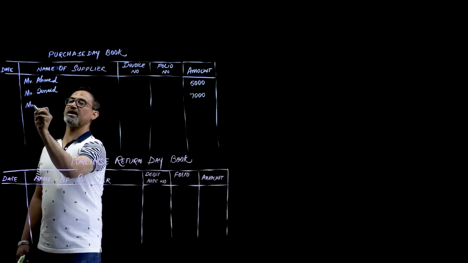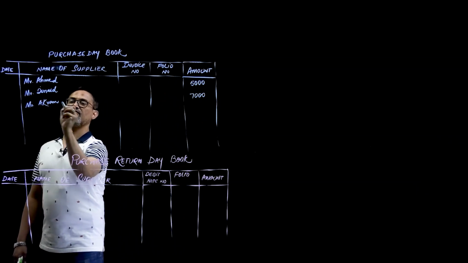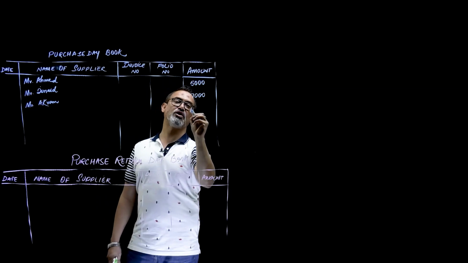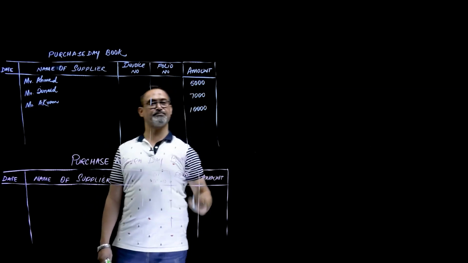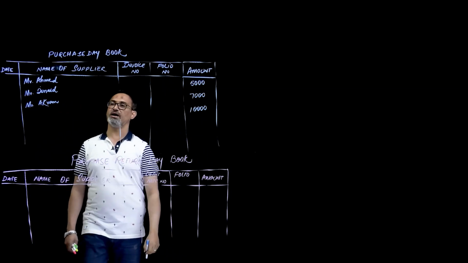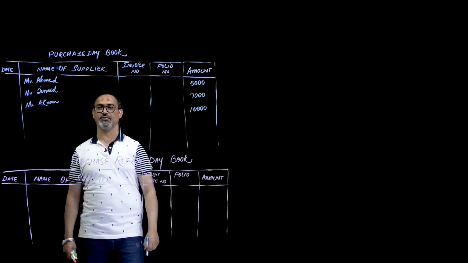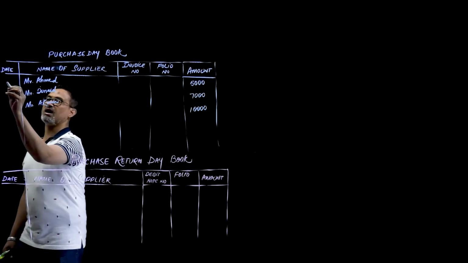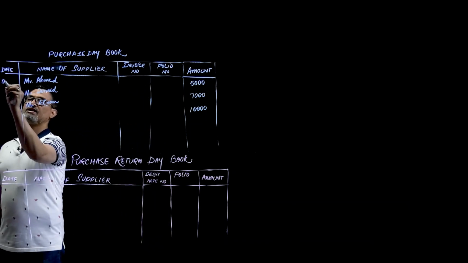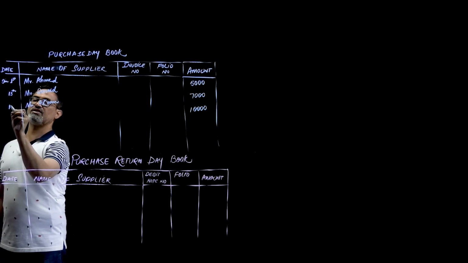The third supplier is Mr. Akram, and we purchase goods for $10,000. The dates are, for example, January 1st, 13th January, and 17th January.